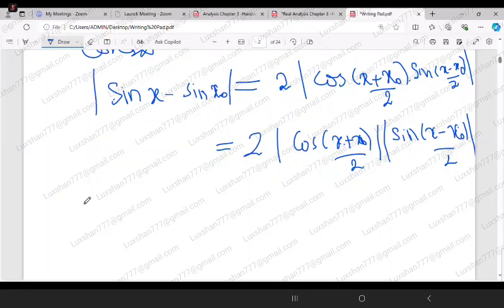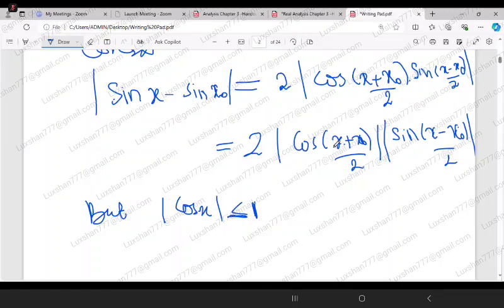But we know that the mod of cos x is always less than or equal to 1. Cos and sin are always less than or equal to 1 in mod, for any value of x.